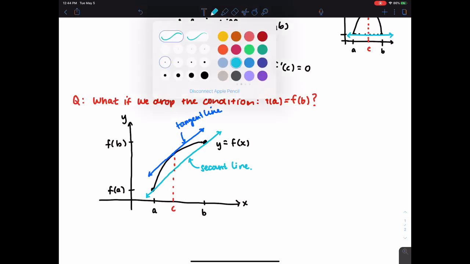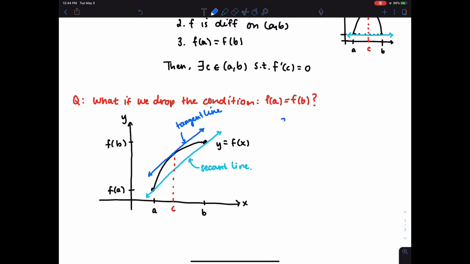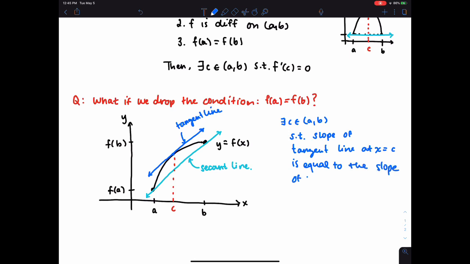So the high level of what we've just found here is that there has to exist a C in (a, b) such that the slope of the tangent line at x equals C is equal to the slope of the secant line over the interval [a, b].